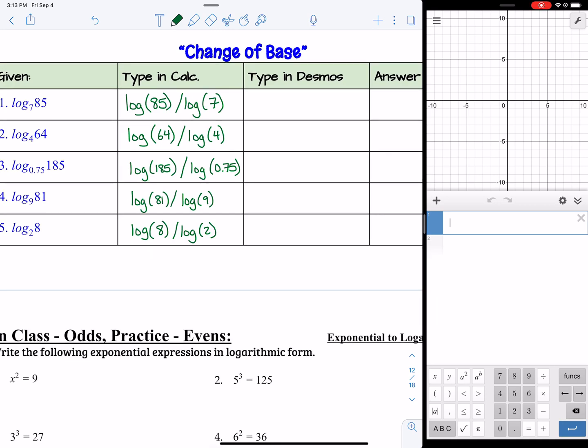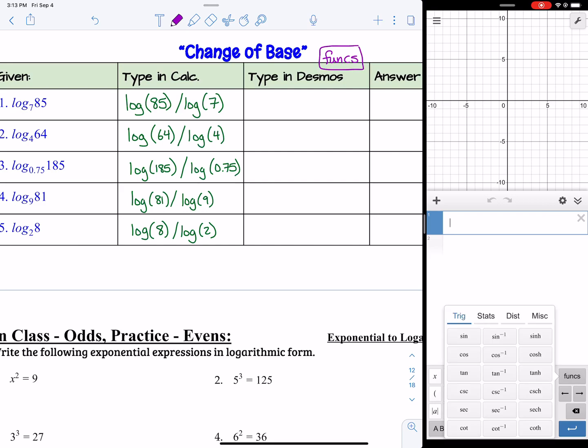Now in Desmos, so I have it pulled up over here, you want to hit the functions key. So FUNCS means functions. So type that little button in Desmos. And then you want to go to miscellaneous. So MISC. And you want to hit the log. And typically you need that little base number.